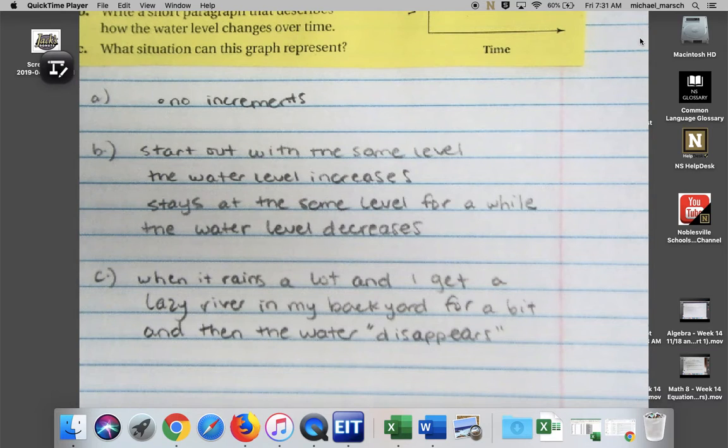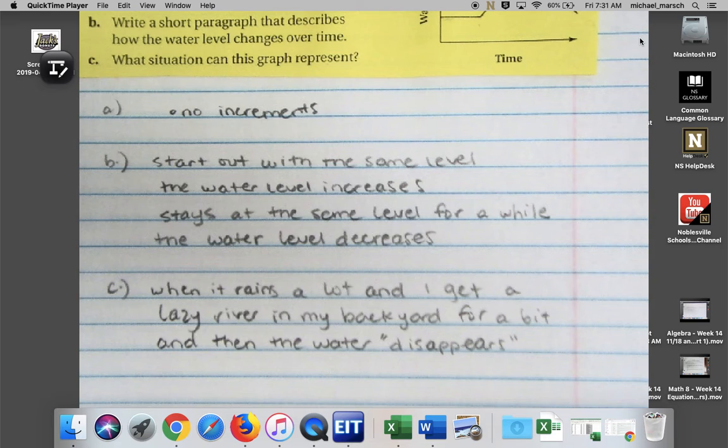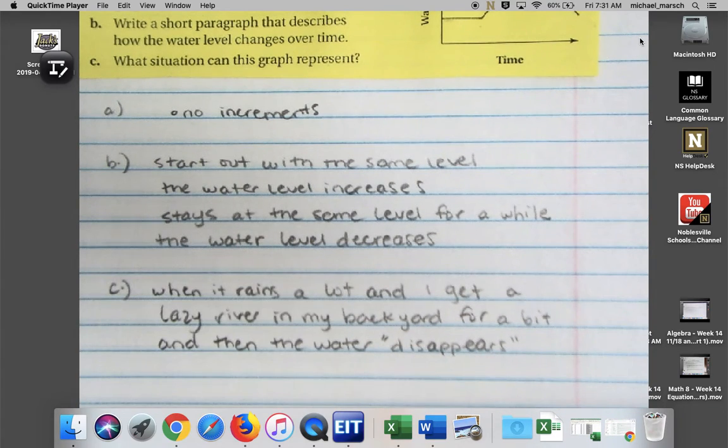It's just going to a different place. It's just no longer in my backyard, right? Maybe you thought of a river, where the river is one height, one depth, and then it rains a lot, so the water rises up on the banks, and then it decreases back to its original. So lots of different ways you could go about that one.